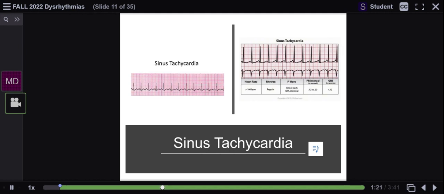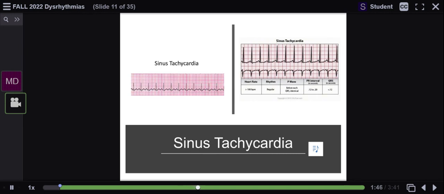I'm sure with your BLS, you've heard about the H's and the T's, which are hypoxia, hypercapnia, acidosis or elevated hydrogen ions, hypovolemia, hypokalemia and hypomagnesemia, hyperthermia.